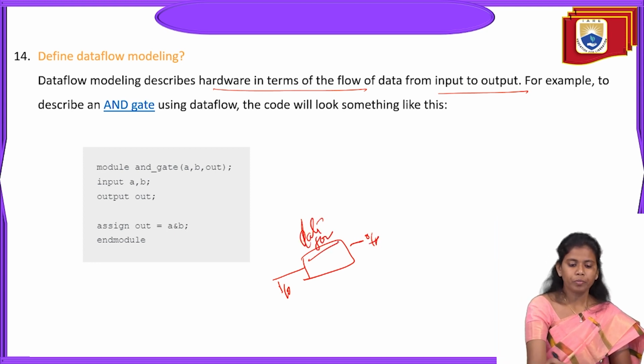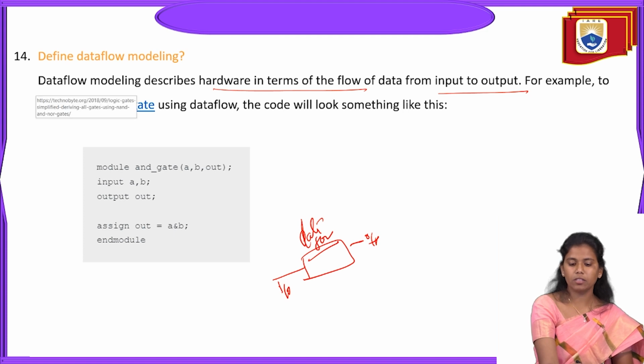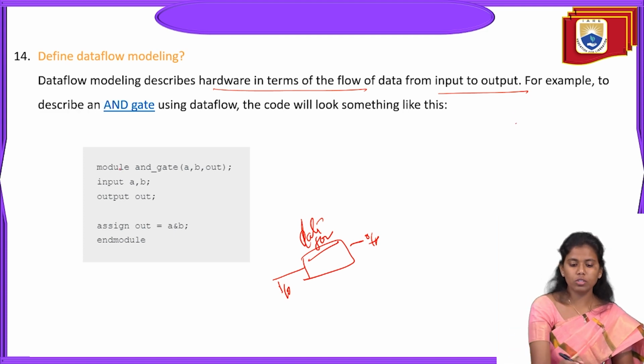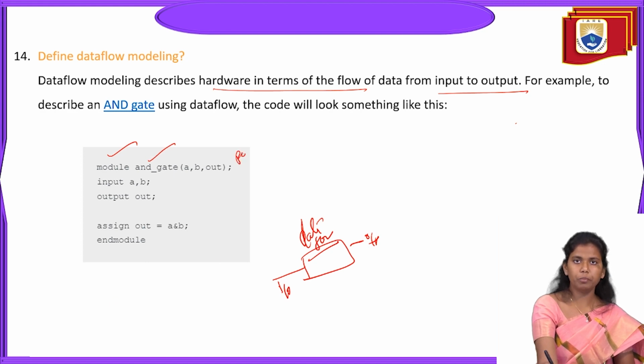So for example, if you want to describe the AND gate, the data must flow from the input towards the output, right? So the code goes like this: module, name of the gate is AND gate, and in the port list we are representing the input ports and as well as the output ports, and here separately I am describing what are the input ports and what is the output port.